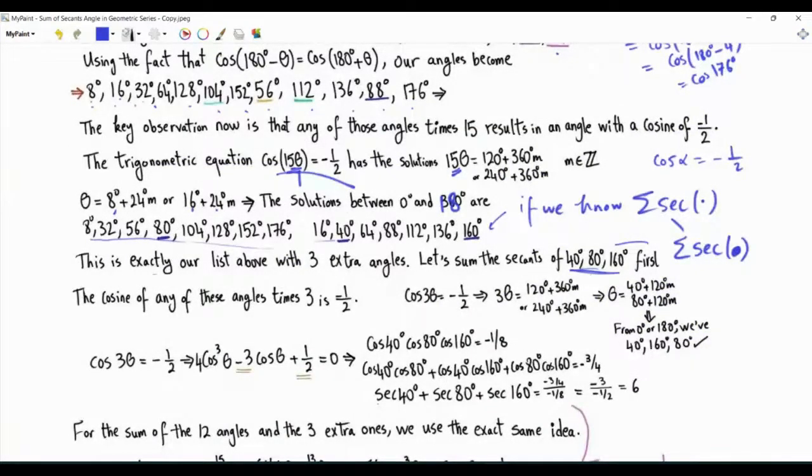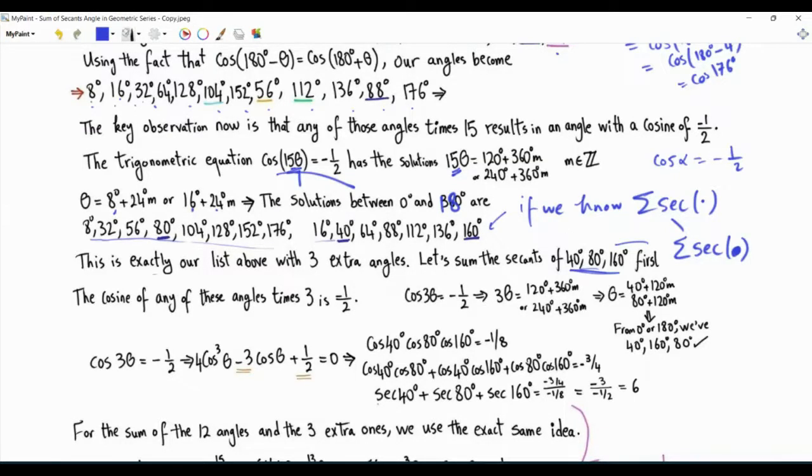Let's start with the sum of these 3 angles. What is sec 40 degrees plus sec 80 degrees plus sec 160 degrees? Now, one way of obtaining this sum is to note again that those angles satisfy the property that if you take any of those angles multiplied by 3, you get a cosine that is -1/2.